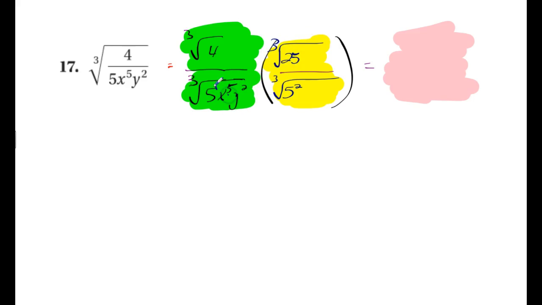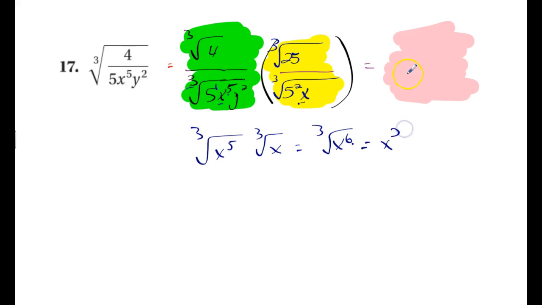I've got 5, doesn't divide by 3, but 6 does, so I need 1 more. So I have x to the 5th and an x. I can write it out for you if you don't see it. The cube root of x to the 5th times the cube root of x is the cube root of x to the 6th, and 6 does divide by 3, and it becomes an x squared term down here.